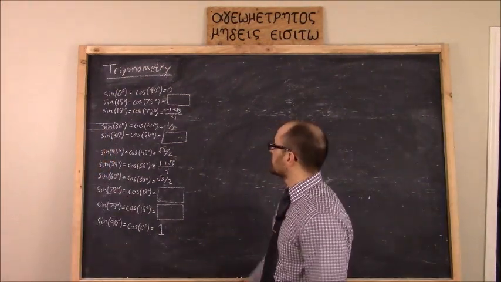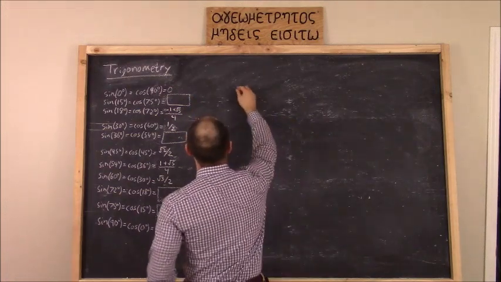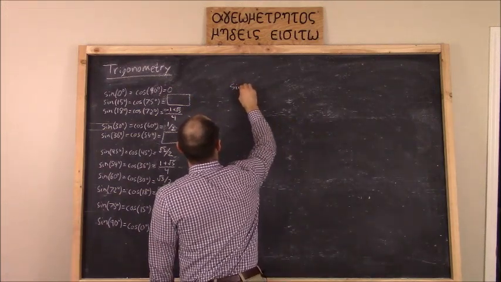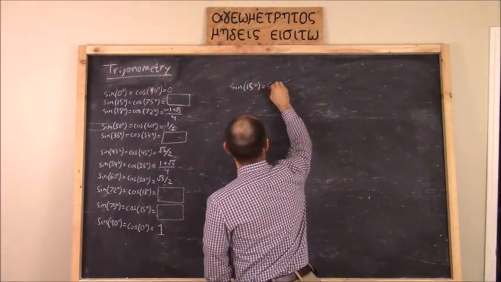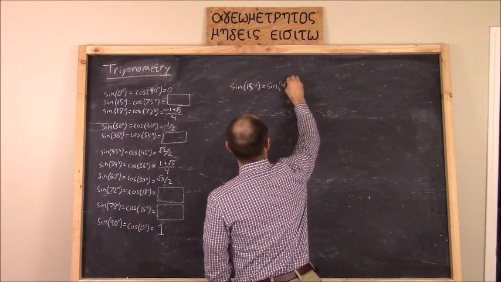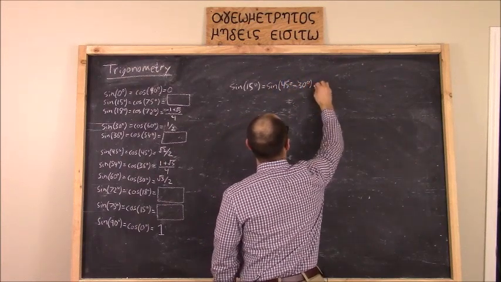Let's begin with sine of 15 degrees. For this, I'm going to use the angle difference formula. So sine of 15 degrees is equal to sine of 45 degrees minus 30 degrees.